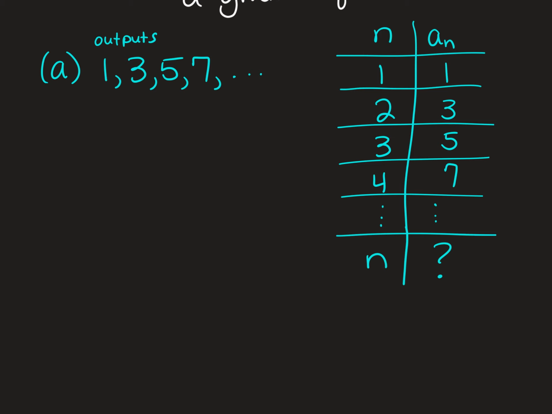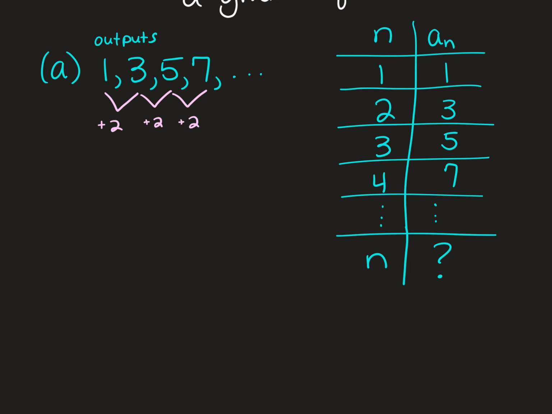All right, so I usually start with thinking about, is there something that I'm adding to get to each term? Because that's a really easy sequence to write in most cases. All right, so think about from 1 to 3, what did we add? If we think of it in terms of adding, 2. And then from 3 to 5, we also added 2. And from 5 to 7, we also added 2.